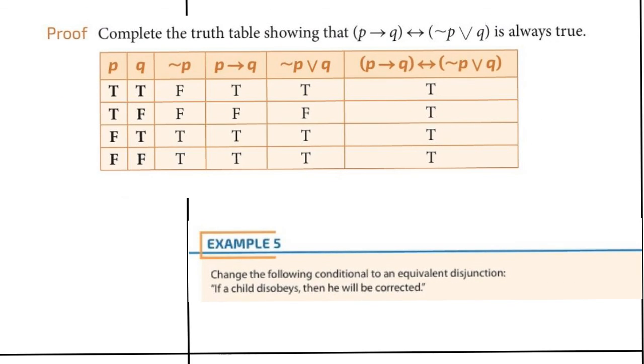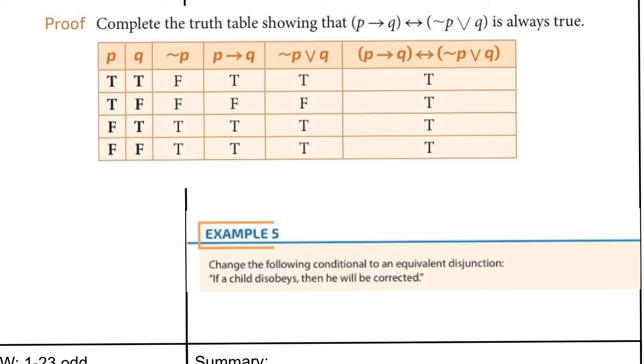Let's look at our last example for this one. Change the following conditional to an equivalent disjunction. If a child disobeys, then he will be corrected. So this is our P, and this is our Q. Again, remember, we're looking to change it to an equivalent disjunction.